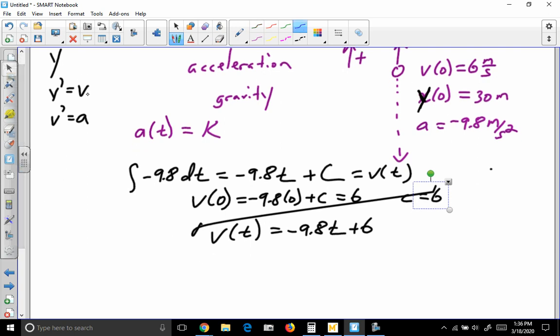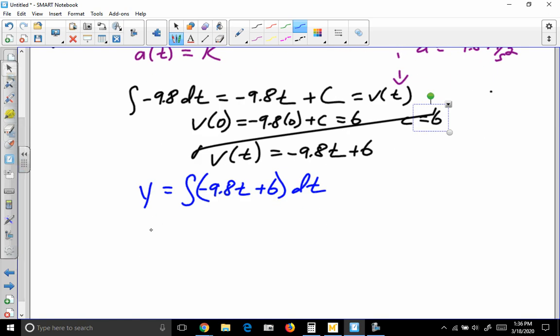Now, velocity is the derivative of position. So if we want position, we take the antiderivative of velocity. So if we integrate that, negative 9.8 is a constant. t to the 1 bigger power over that power plus 6 times, if we integrate a constant, we pick up a t plus c.